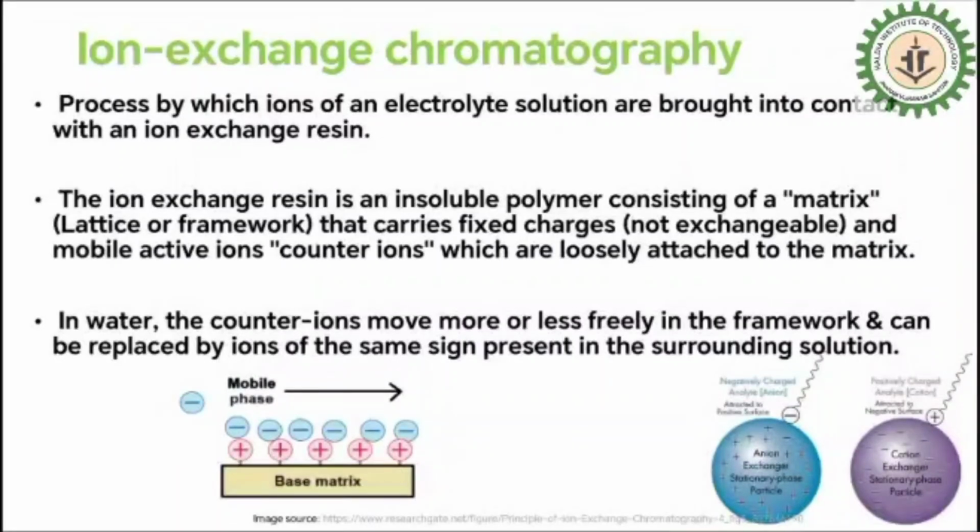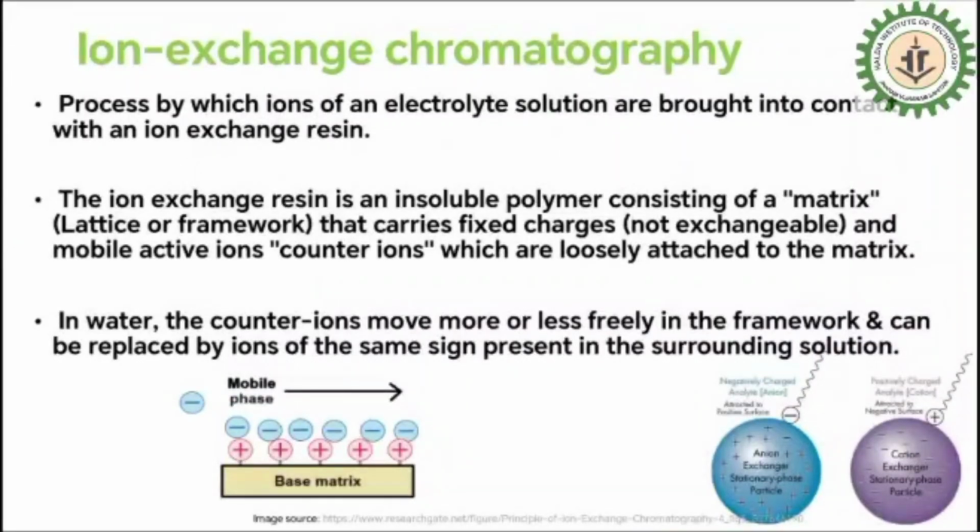Now, when a sample is poured for the separation process, all the solutes in the sample which contain negative ions will substitute the counter ions, that is, the negative ions present as counter ions in the stationary phase. Therefore, the negative ions attached as counter ions in the stationary phase will come out of the gel, and all the solutes in the sample which carry positive charges will come out of the gel column.